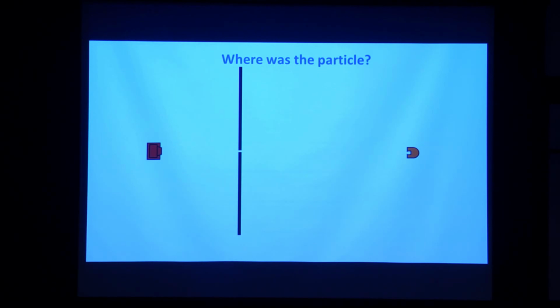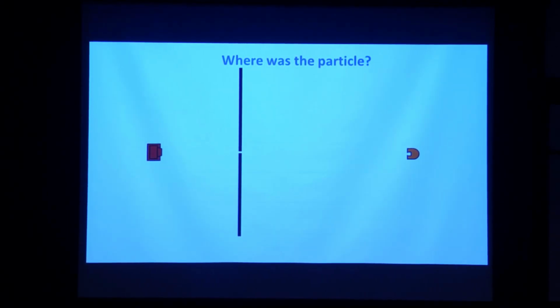But now let's restrict the scenario a little bit. I'm putting up a wall with one tiny hole, and now I'm sending a photon, and it hits the wall, so it doesn't reach the detector. I'm sending another one, and this one hits the detector.